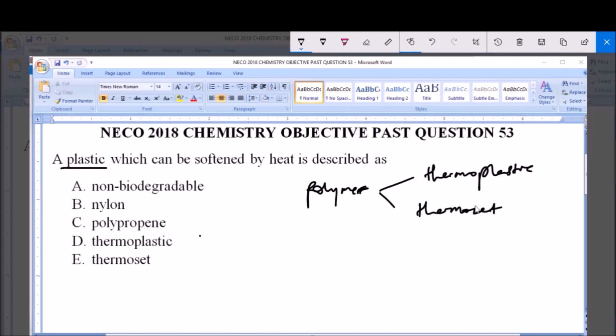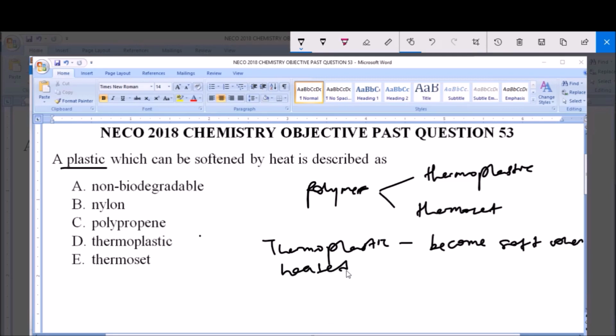Each of these types has its characteristics. The thermoplastic, which is a plastic polymer, can become soft when heat is applied, and can also become hard again when cooled. So it simply means that a thermoplastic can be heated over and over again to change its shape or form.